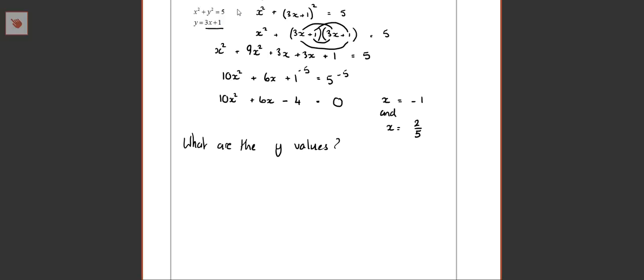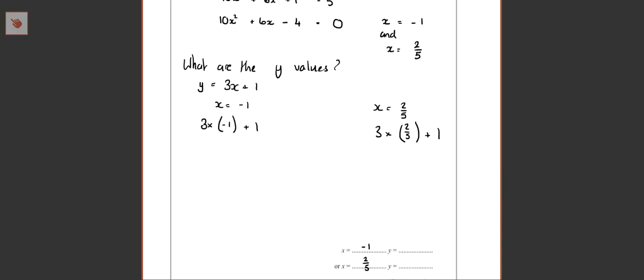I would go with the easy one, the one that tells me y equals 3x plus 1. So I've got when x is -1 and when x is 2 over 5. So 3 times -1 plus 1, or 3 times 2 over 5 plus 1. They are going to give me my 2 y values.